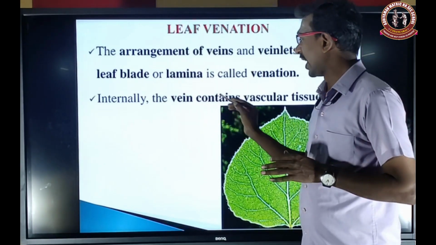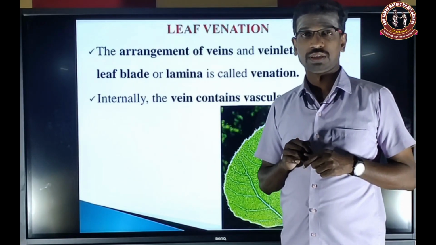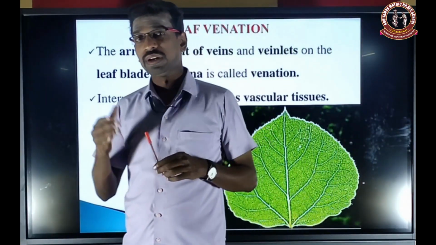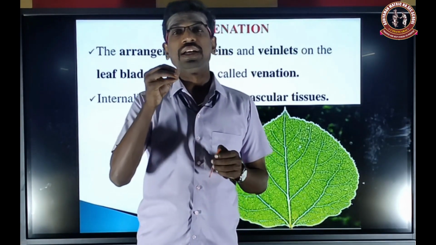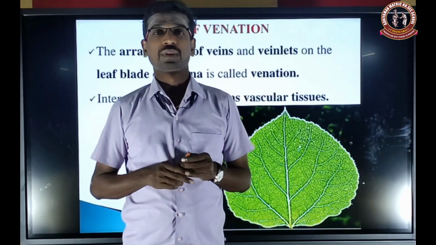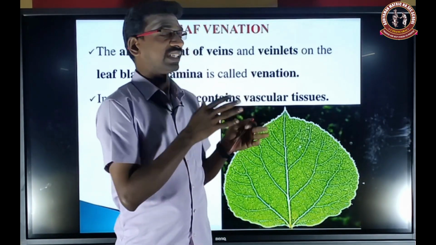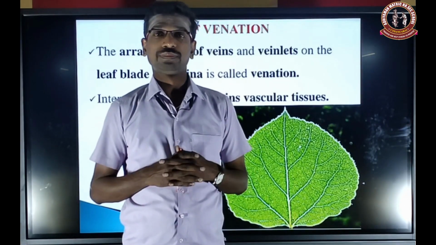Internally, the veins contain vascular tissues. So inside, what is present? When you see the cross section, the vascular bundles are present in the vein region. Actually, the vein and the veinlet act as a skeletal system of the leaf.